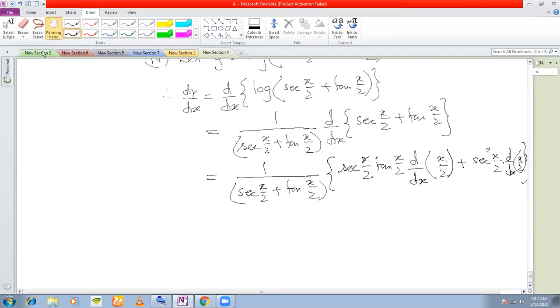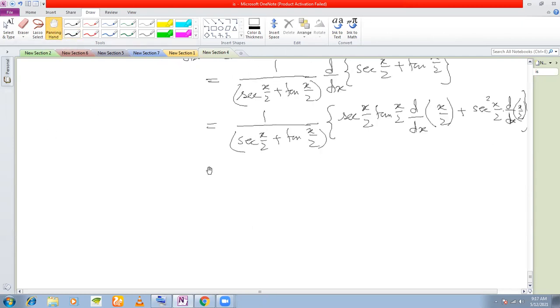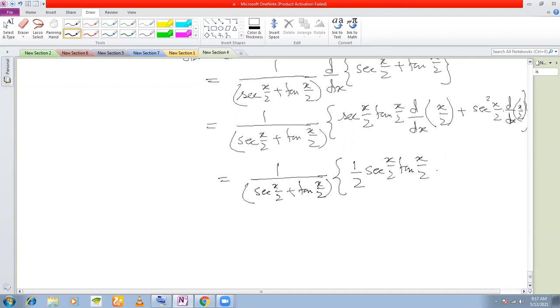Okay. Now we shall simply simplify this. 1 by sec x by 2 plus tan x by 2, and here d/dx of x by 2 you know is half. So half sec x by 2 tan x by 2 plus here also you have half sec square x by 2. Okay.